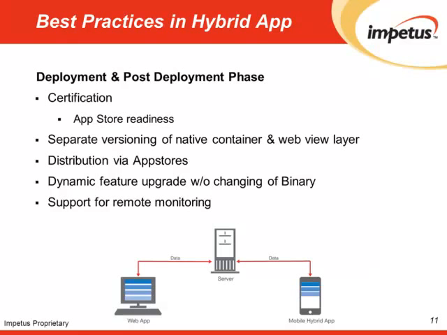Versioning becomes very important in the case of hybrid applications, as it has two parts, the native container and the web view content, which need separate versioning, because the hybrid application can be upgraded completely via the binary upgrade, or just its web content can be upgraded without change in binary. Distribution is yet another consideration.